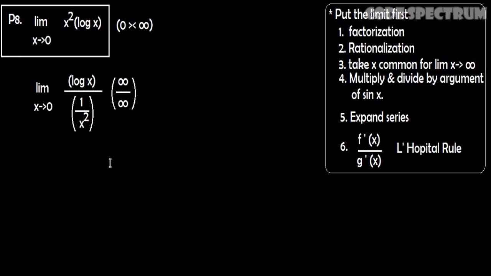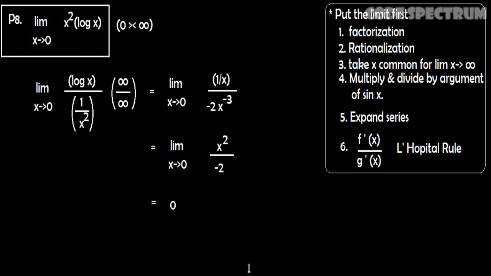Now in such cases, you can use the 6th point, which is L'Hopital rule. Differentiate the numerator as well as the denominator and place there as it is. Now you may write this term like this. Now if you put the limit first, you will get 0.